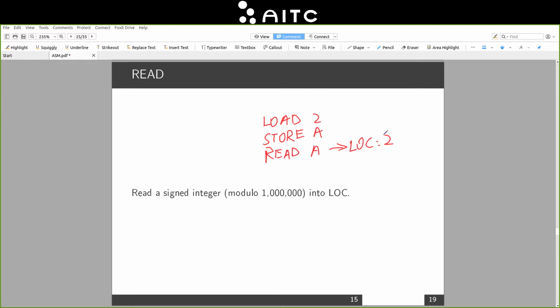If we store A equal to 2 million and oh, sorry.